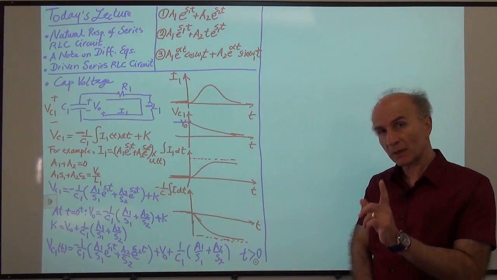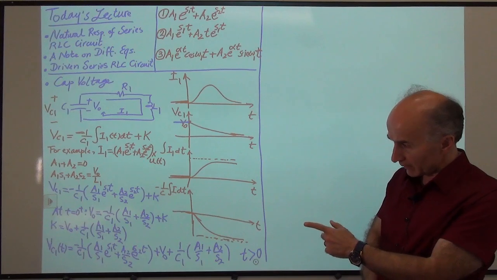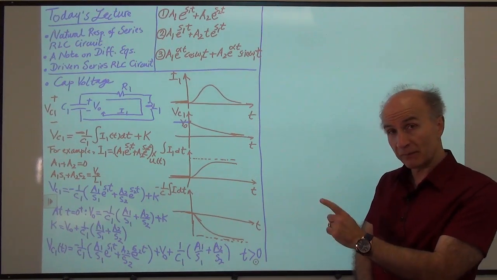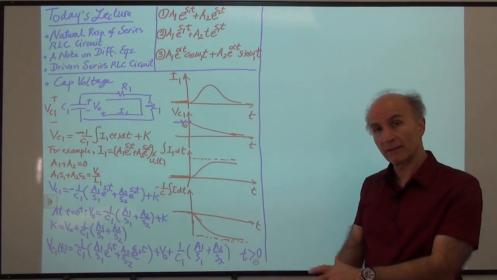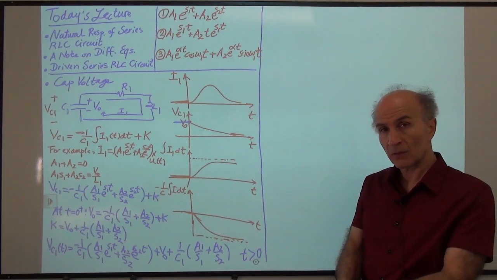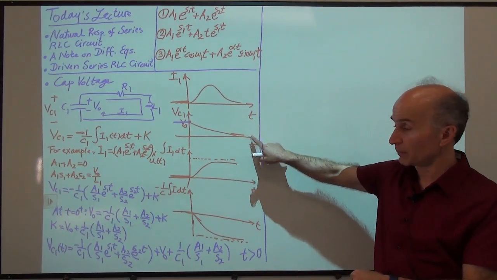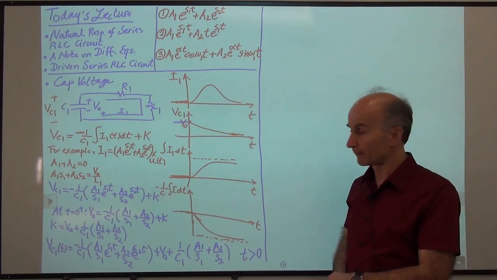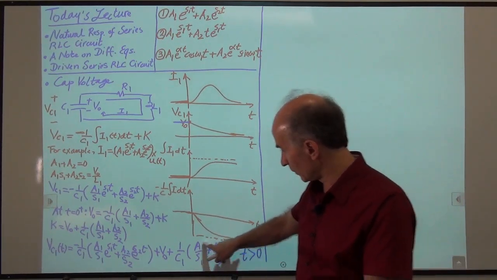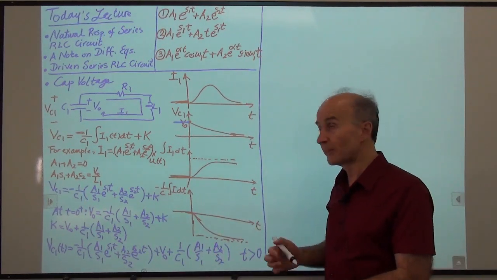But there is one little point here that we have to be careful about. We know that this voltage assumes a value of V0 at time 0 plus, because that's how we found k and replaced it here. But does it also agree with our prediction that at time infinity it will be 0? Well, we have to see. We have to go back into this equation and say, how much is this when t is infinity?